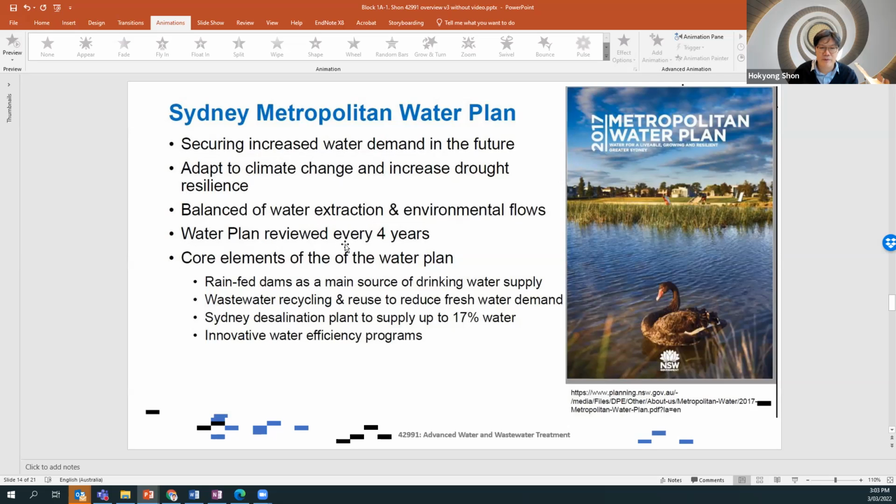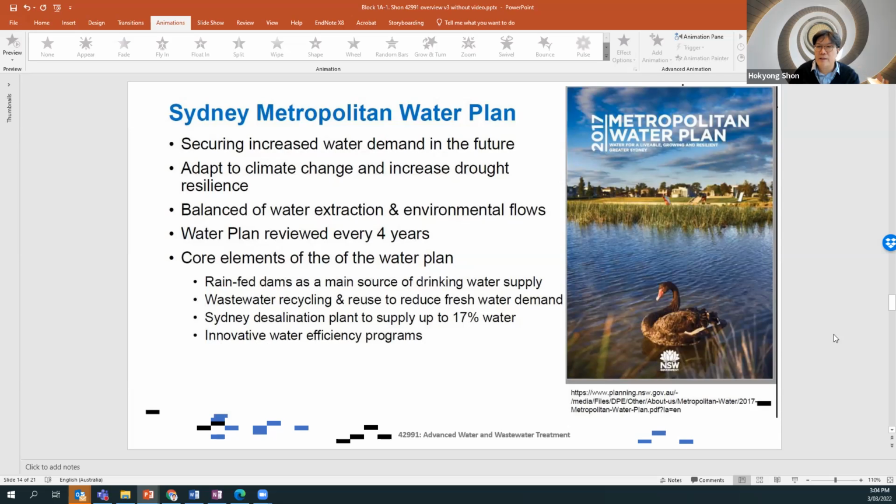The water plan is reviewed every 4 years. The core elements are rain-fed dams as the main source of drinking water supply, wastewater recycling and reuse to reduce fresh water demand, the Sydney desalination plant to supply up to 70% of water, and innovative water efficiency programs. These are the main water sources in Sydney.